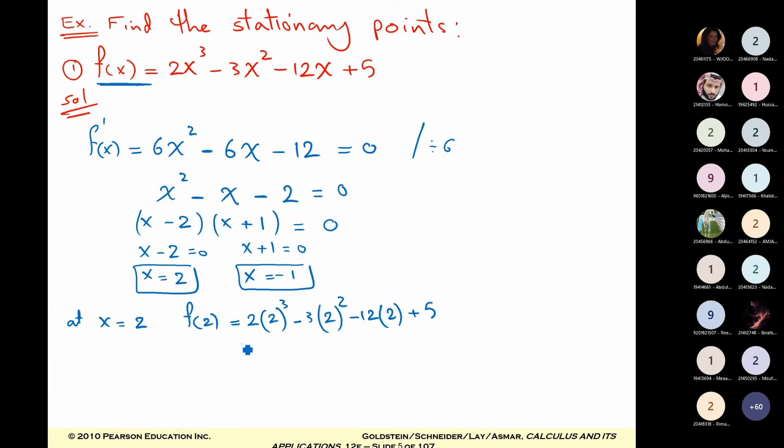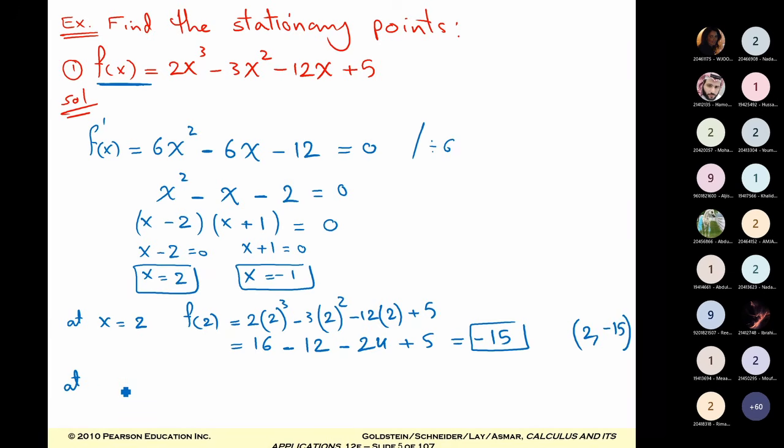So we have 16 minus 3 multiplied by 4, that is 12, minus 24 plus 5. So we have 4 minus 20 plus 5, which is negative 15. Okay, so the stationary point is x equal 2 and y equal negative 15. This is the first stationary point.